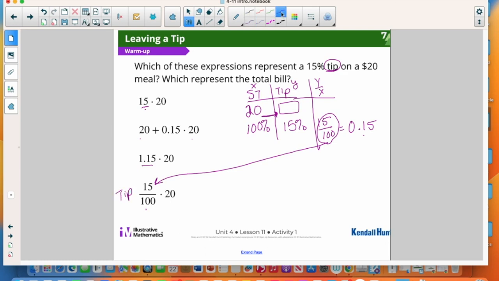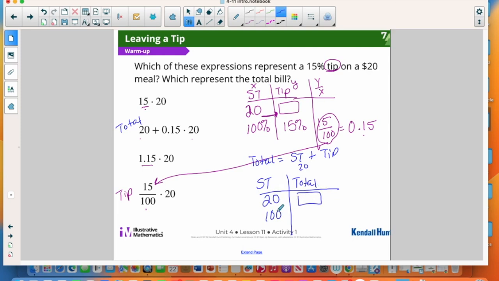And if you remember, we talked about the total last time: the total is the subtotal plus the tip. Well, the subtotal is $20, and we just said to find the tip, we multiply 20 times 15 hundredths. So here is an example of an expression that represents the total. We could also think about it as the subtotal and the total in a table.